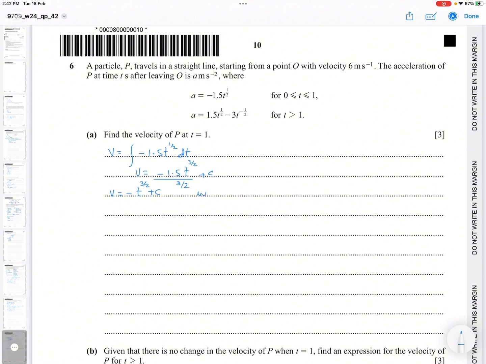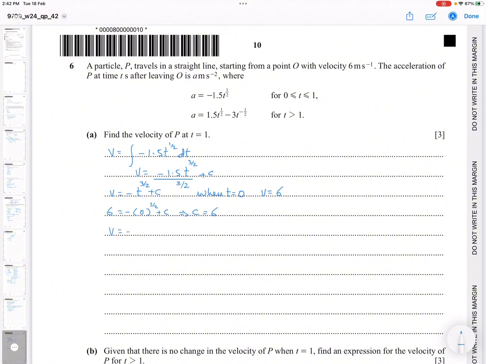So when t equals 0, our V is equal to 6. So you write 6 is equal to minus 0 power 3 by 2 plus c. So your c is equal to 6.